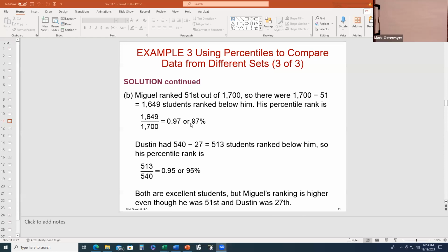Does that make sense how we leveled the playing field by looking at the percentile ranks as opposed to the relative ranks? There's a big difference there, right? Because the class size has a bearing on determining the ultimate percentile rank here. So you got to take that into consideration. So it's nice to know we can level the playing field here and get an accurate differential view as to how these students compare to each other.